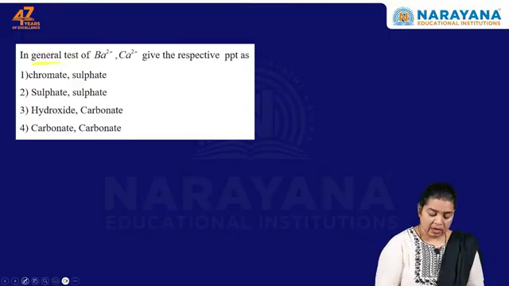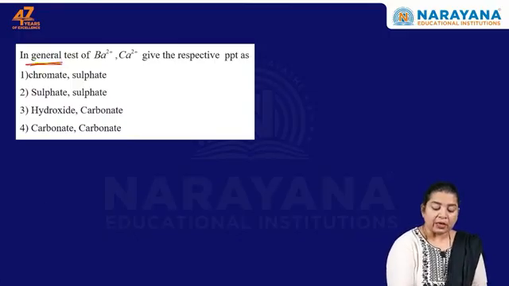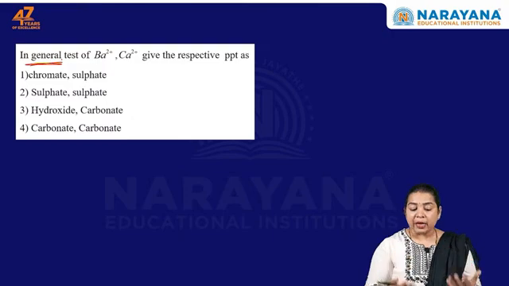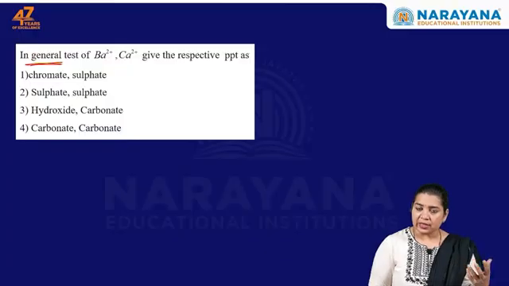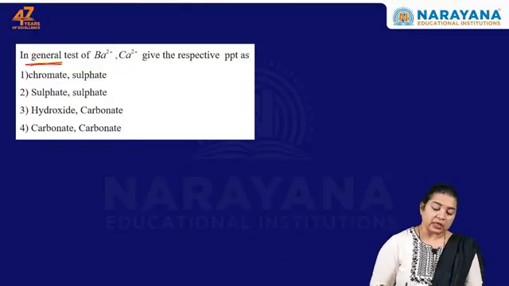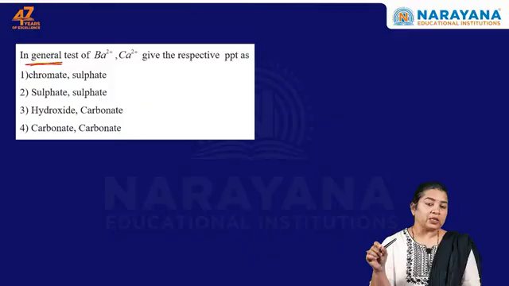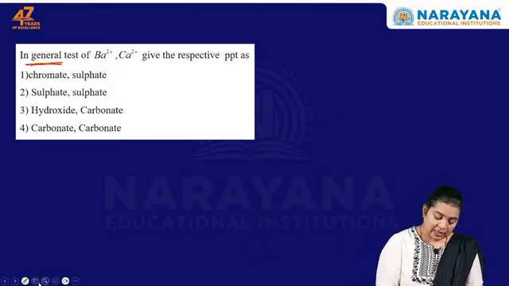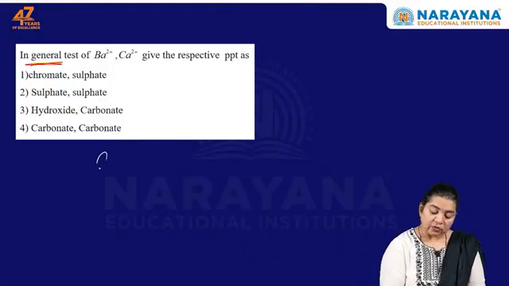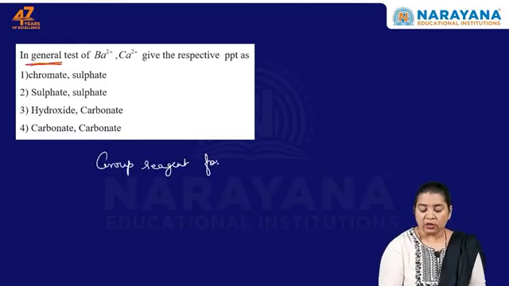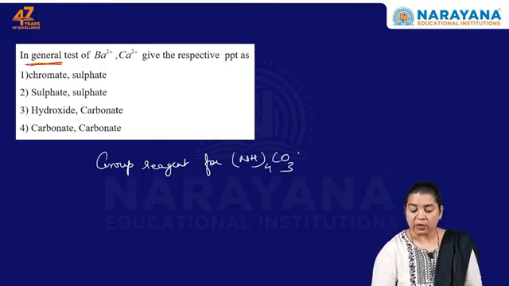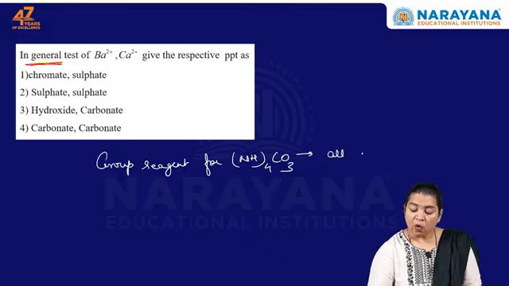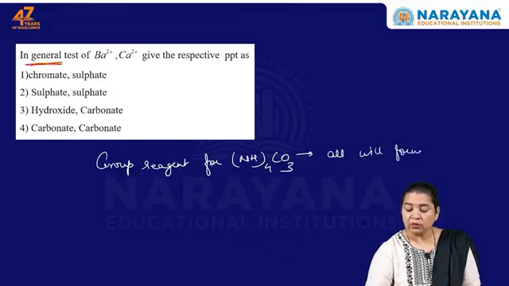This word is not so clear, but if I take it that barium and calcium give a precipitate as a confirmatory test in qualitative analysis, then yes, we have a group reagent for this, ammonium carbonate, right? We have ammonium carbonate, and then all will form carbonates.